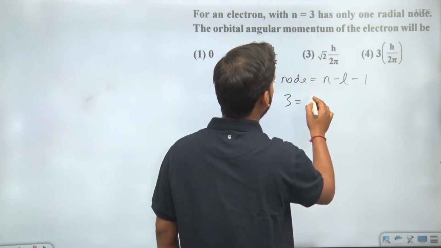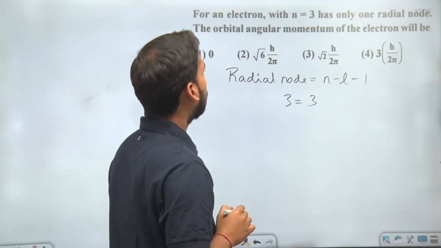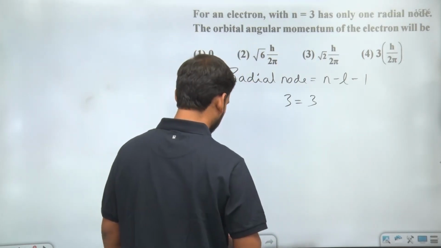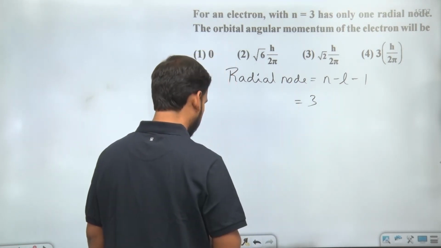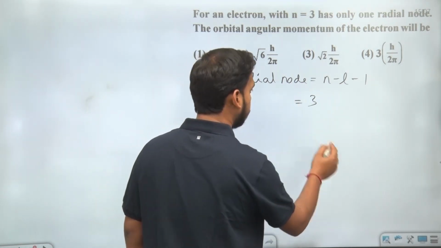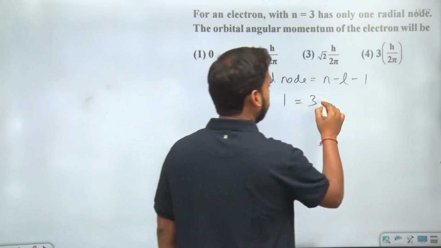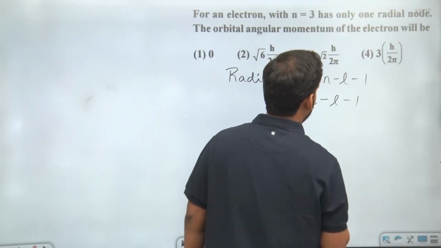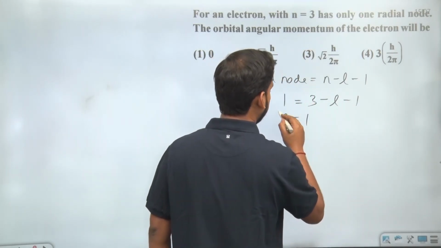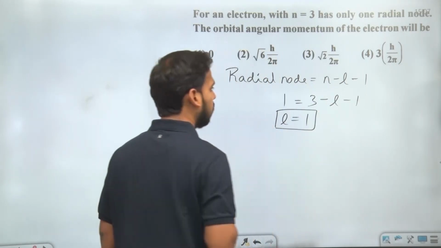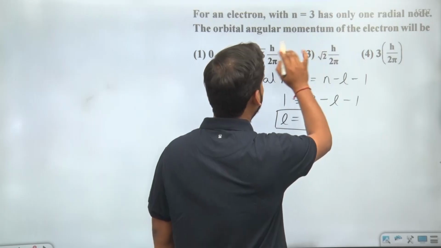With n equals 3 given and only one radial node, we have 1 equals 3 minus L minus 1. From here we calculate L equals 1.